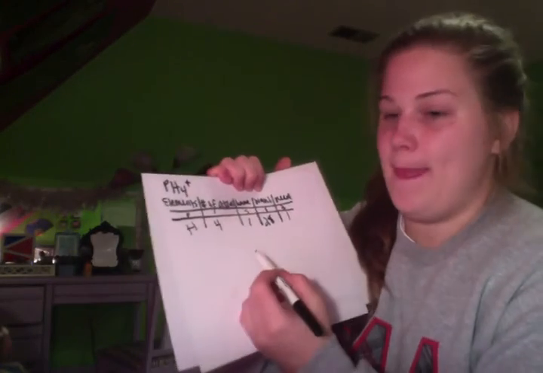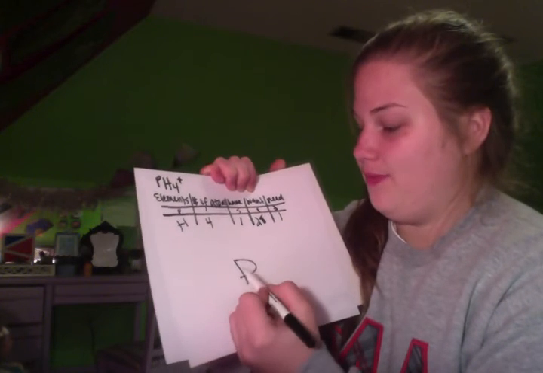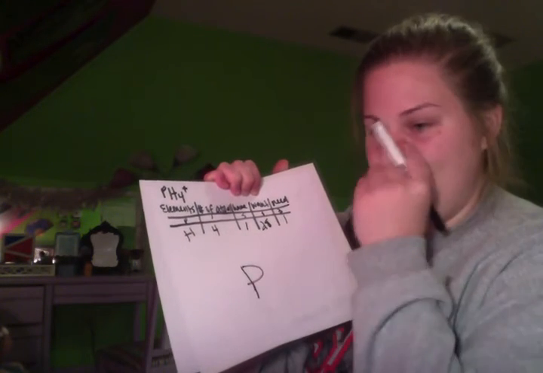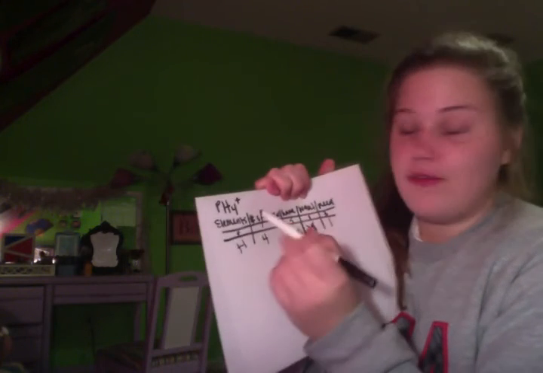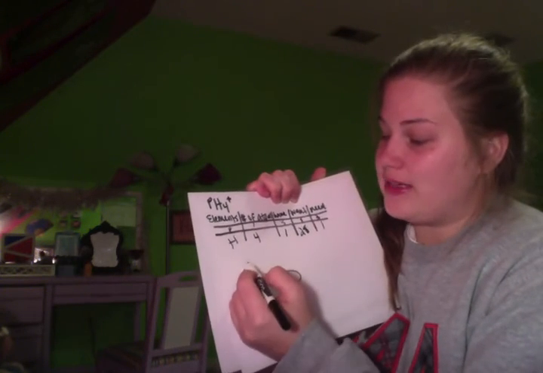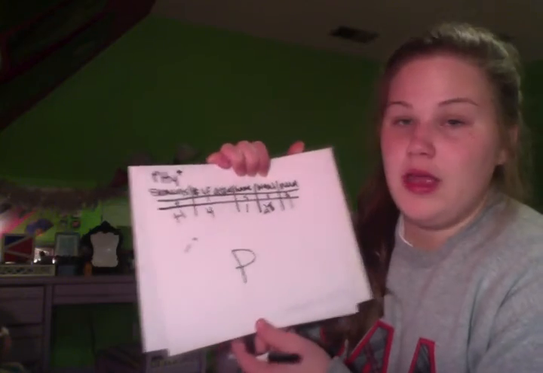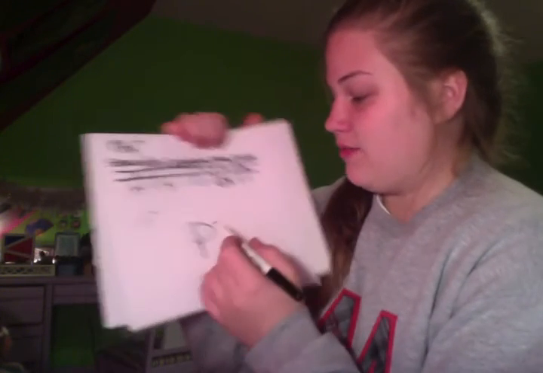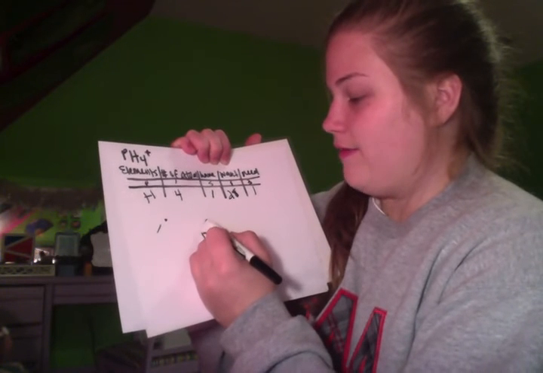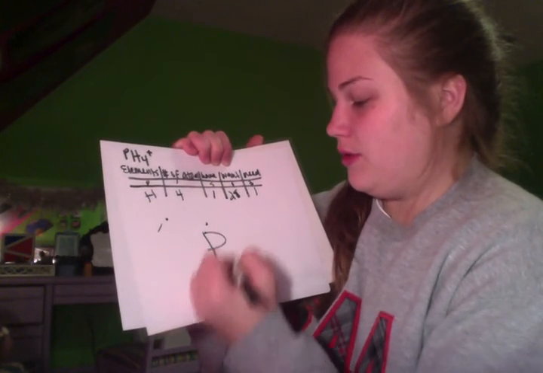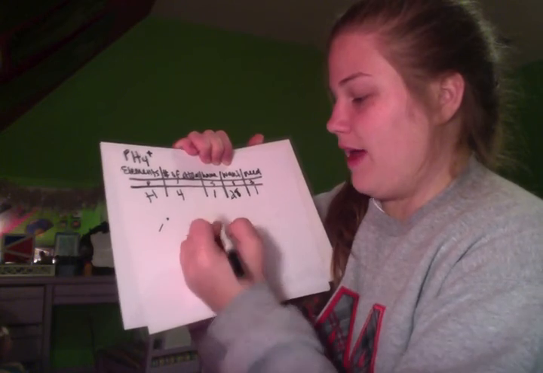So you do P in the middle, and since it's positive, you subtract an electron. You can just leave that to the side so it reminds you. And then P has 5, so 1, 2, 3, 4, 5.